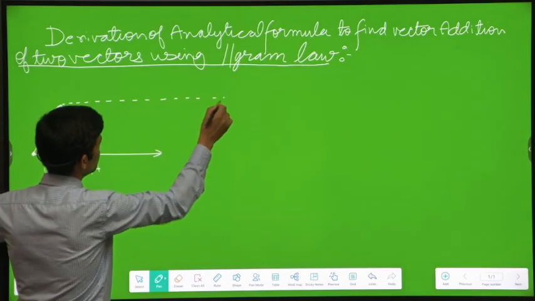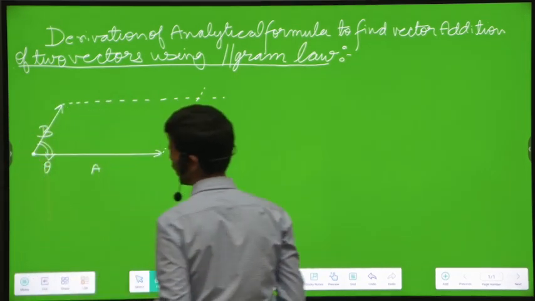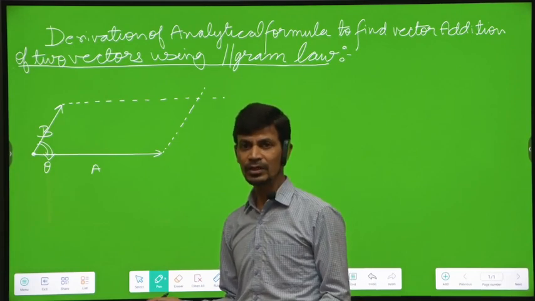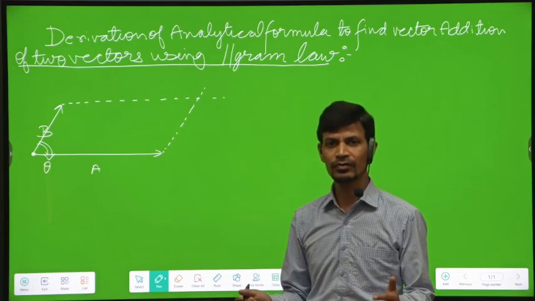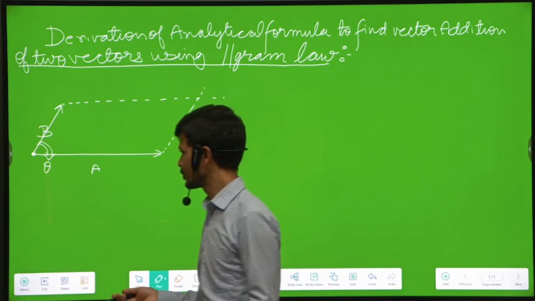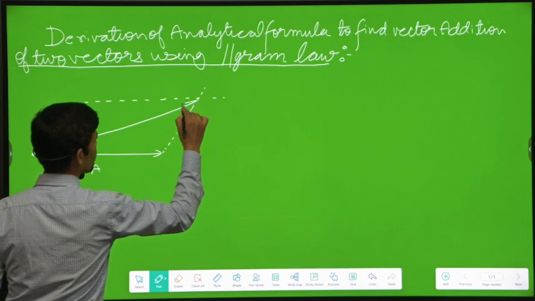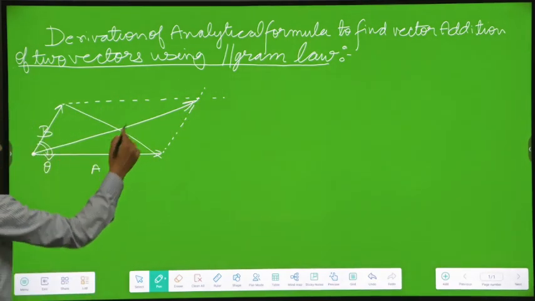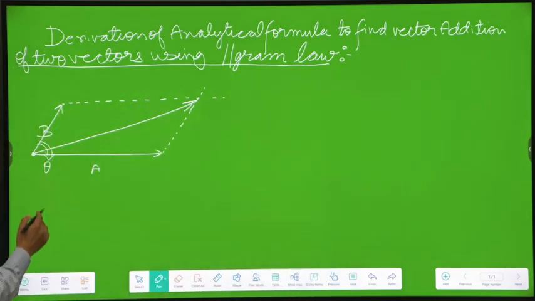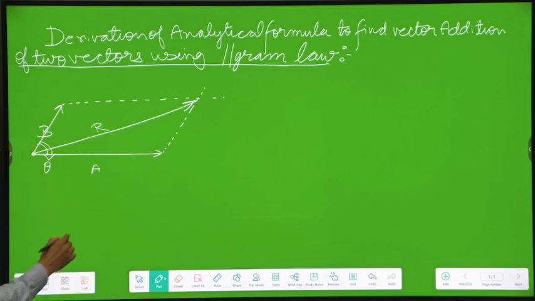So first, according to the parallelogram law, if A and B are two vectors acting along the adjacent sides of a parallelogram, then the corresponding diagonal originating from the same initial point as the two vectors will represent their vector addition. There is another diagonal too, but this diagonal originating from the same point as the two vectors will be their resultant.